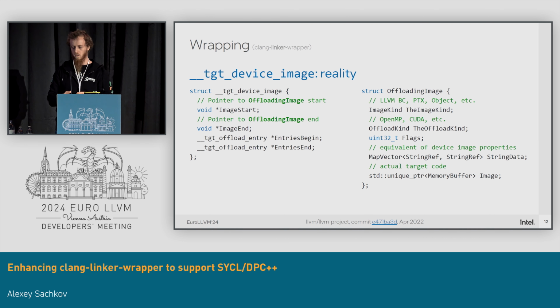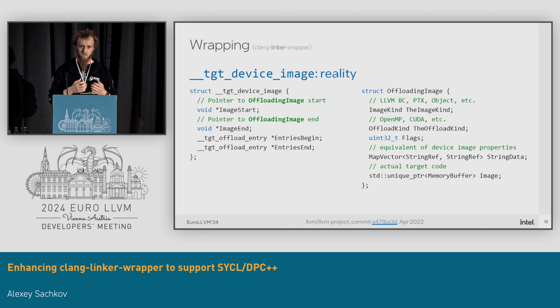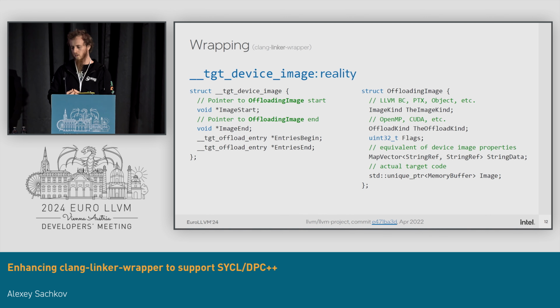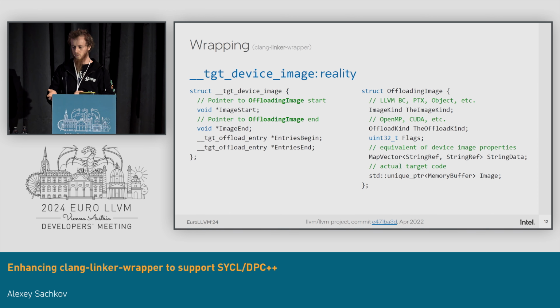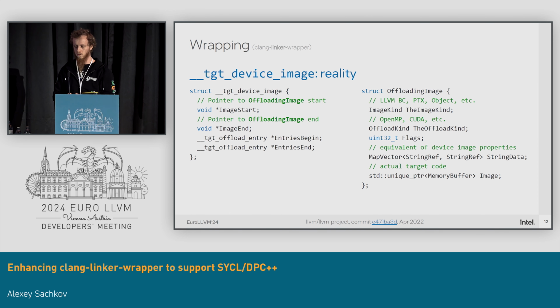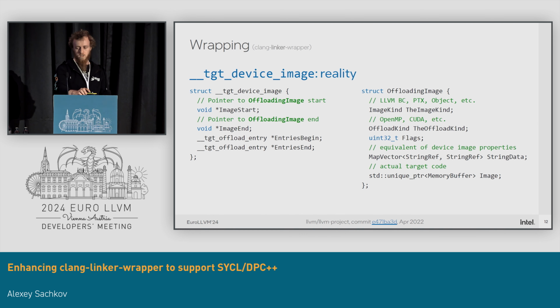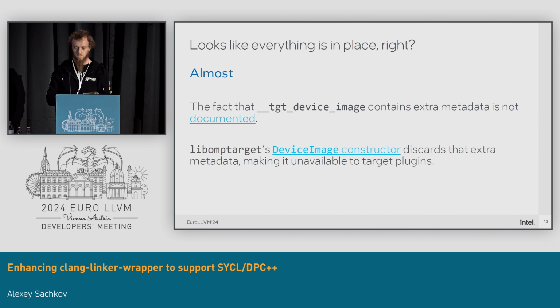It already has fields to distinguish different image kinds, different offloading kinds, and even has this string-to-string mapping, which is essentially an equivalent of the device image properties mechanism we have. So for us, it seems like everything is almost already in place.